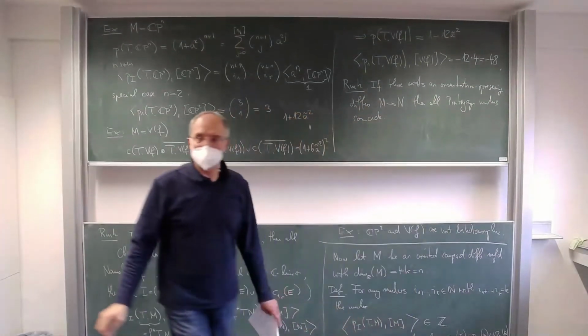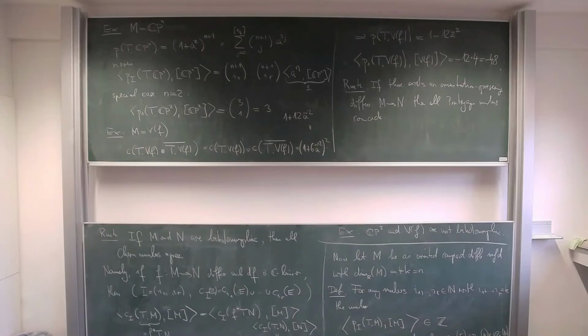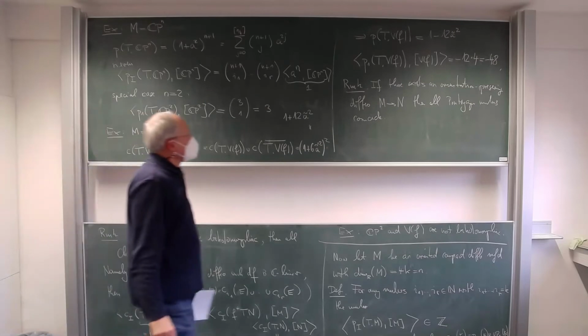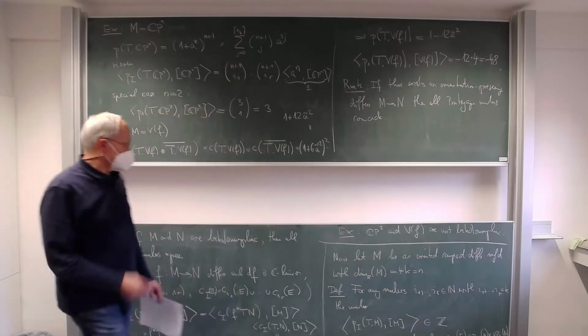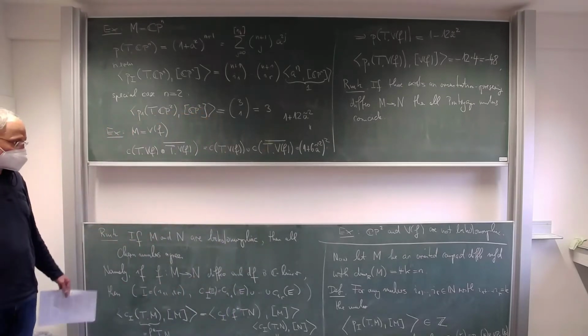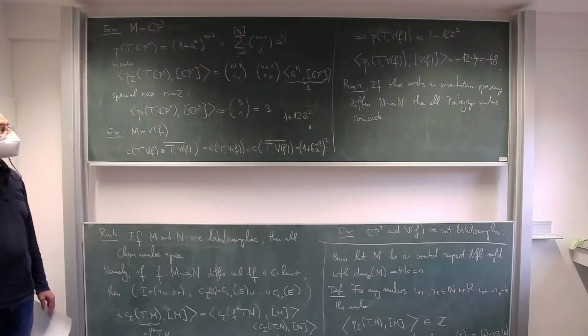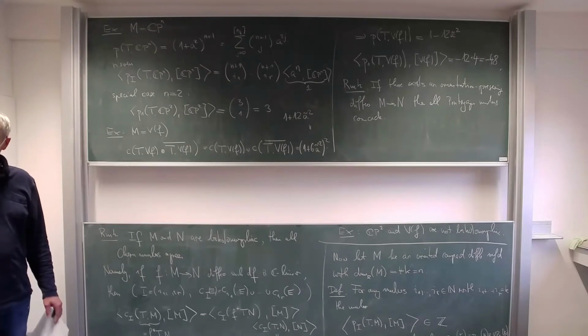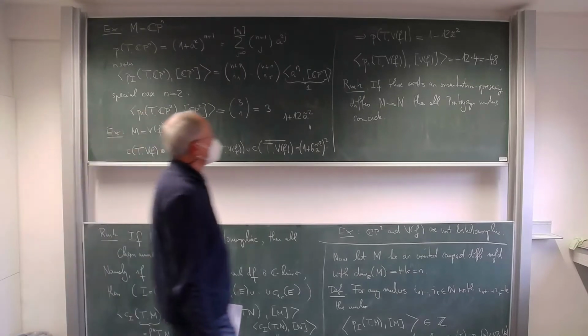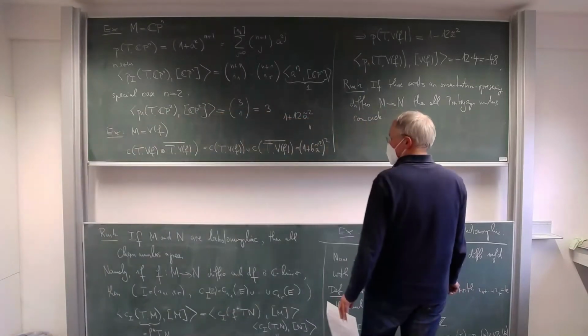Same argument as before, except that instead of a biholomorphic map, we now look at an orientation preserving diffeomorphism, which respects the structures that we have in this case, namely the tangent bundle of N pulls back to the tangent bundle of M as an oriented real vector bundle. So it's the same argument.